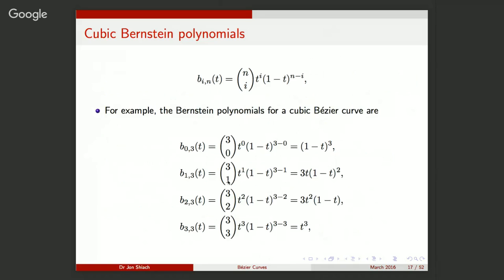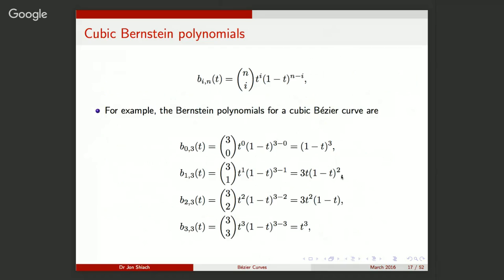When i is 1, we have 3 choose 1, which is 3, t to the power 1, which gives us that t, and (1 minus t) to the power 3 minus 1, which gives us (1 minus t) squared. When i is 2, we have 3 choose 2, which is also 3, t squared, that's t to the power i, and (1 minus t) to the power 3 minus 2.